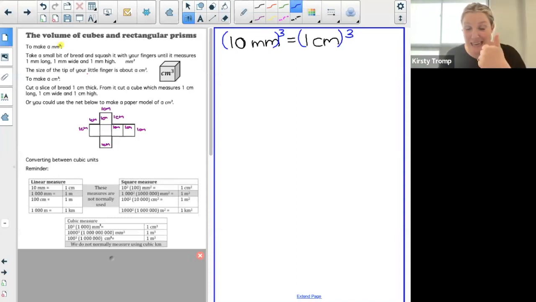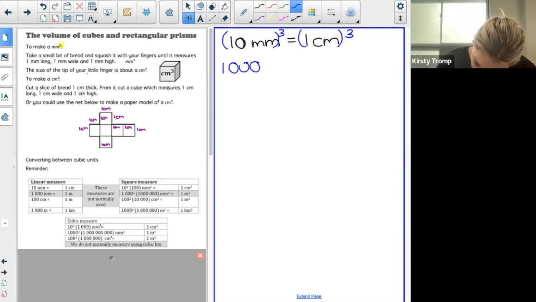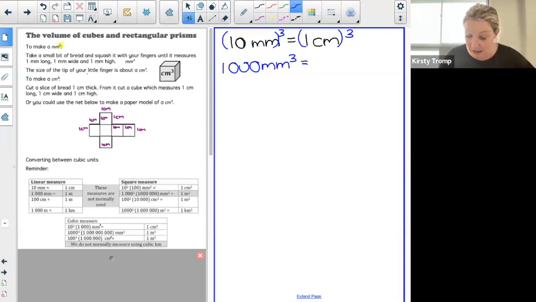I'm saying 10 times 10 times 10. So 10 times 10 times 10 gives me 1,000 millimeters cubed. And 1 cubed, 1 times 1 times 1, gives me 1 centimeter cubed.